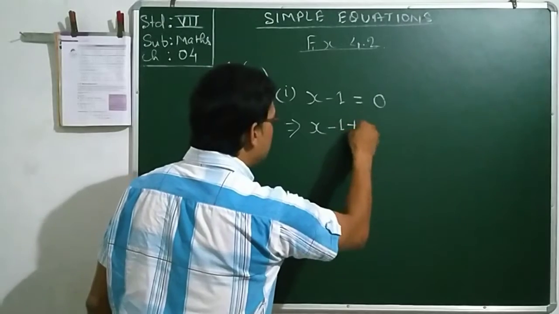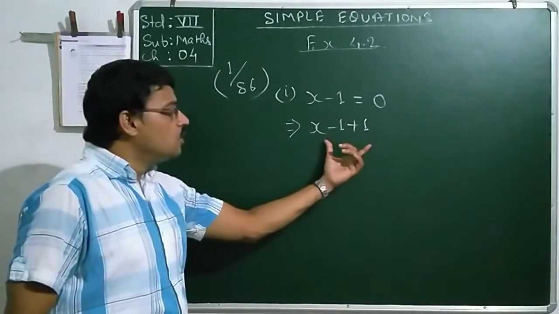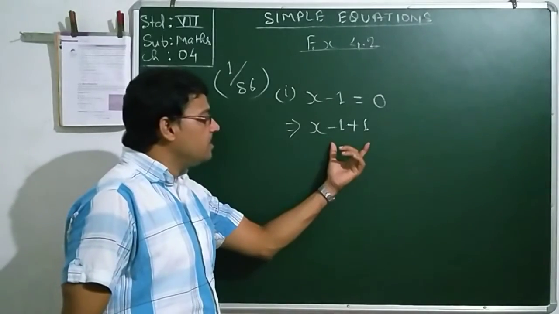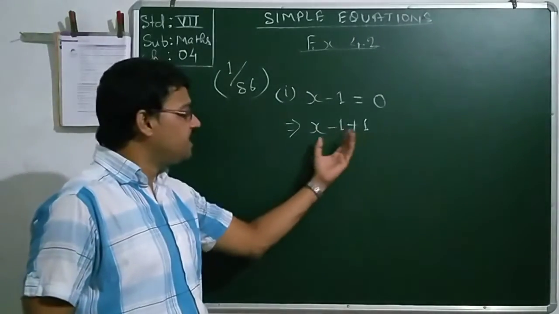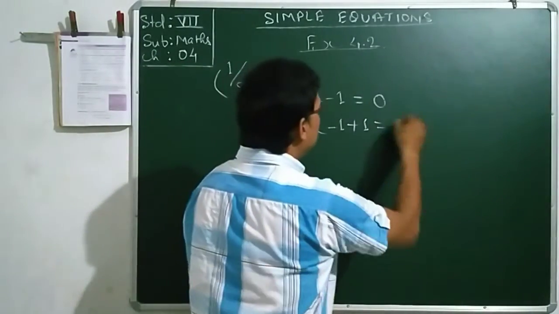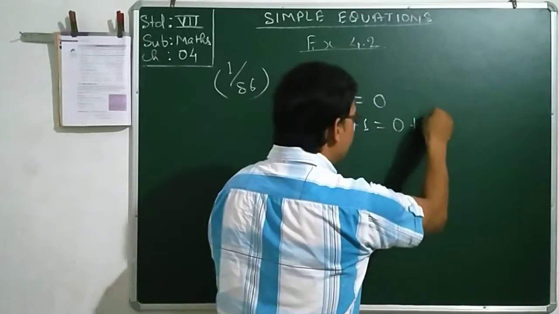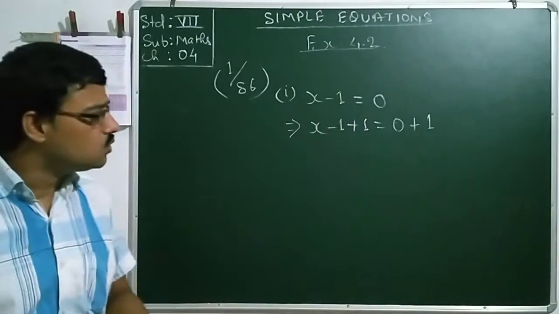In the next step, x minus 1. If we add 1 here, then we know that if we add something in the LHS of any equation, then we need to add that same value in the RHS also.